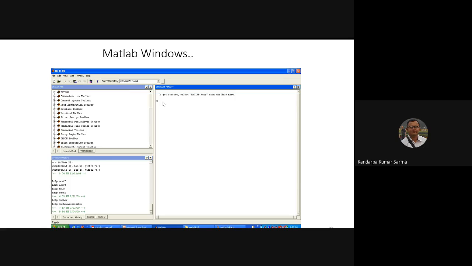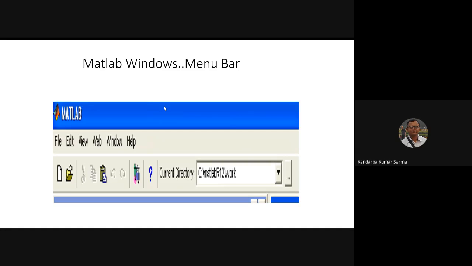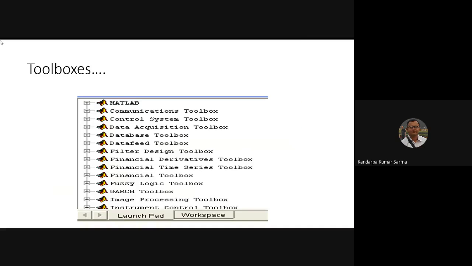We can also write programs separately, but from the command prompt, we can straightway start to write our codes and do the work in MATLAB. So here is the command prompt. Here is the MATLAB menu bar, how it looks like. So there, from where we can save, you can create or manipulate the files.